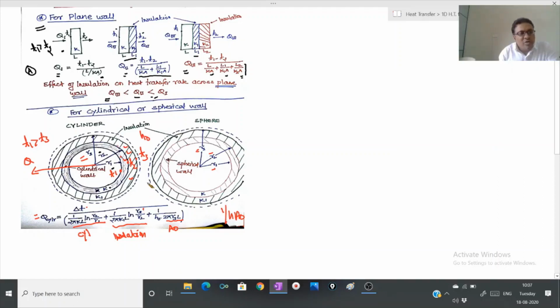So when we go on increasing the value of R3, that is, when we increase the thickness of insulating material over the base cylinder, R3 will be increasing. And when R3 increases, the ratio R3 by R2 increases, and the conductive thermal resistance offered by the insulating material will increase.